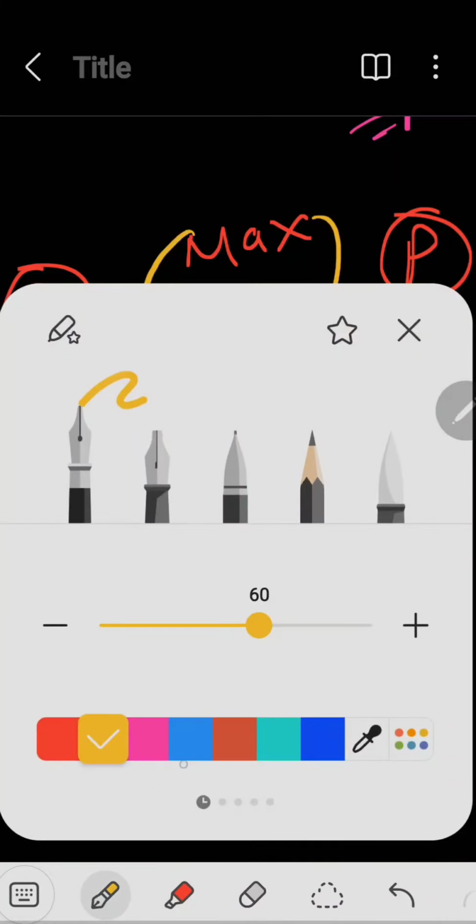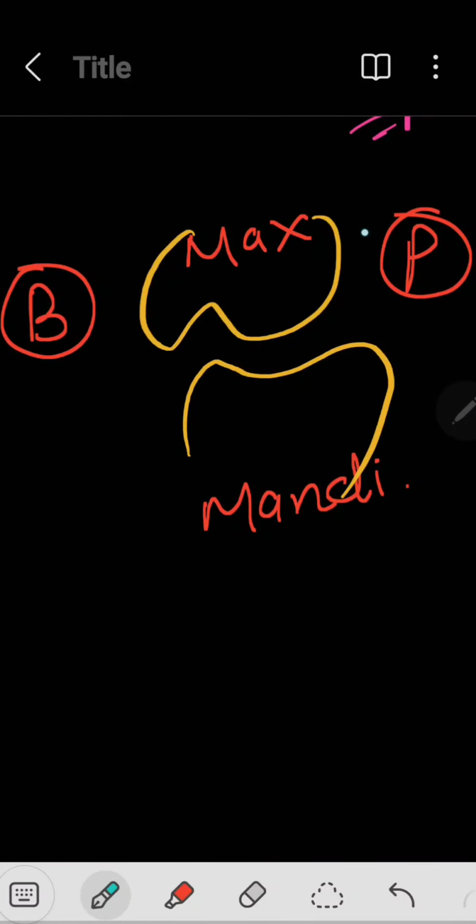A very easy and quick method to learn is the palatal cusp of maxillary posterior teeth. According to this diagram, this would be the buccal cusp and this would be the palatal cusp.